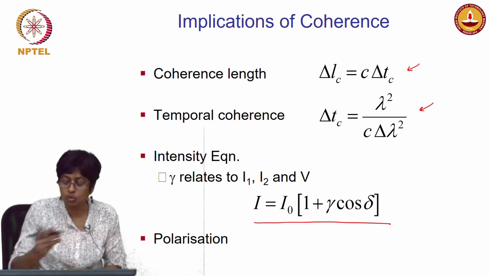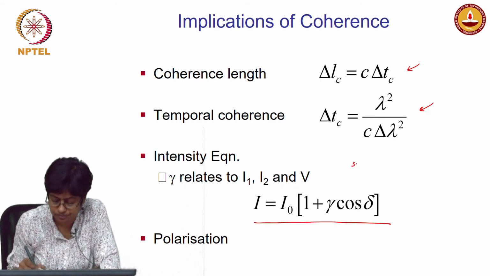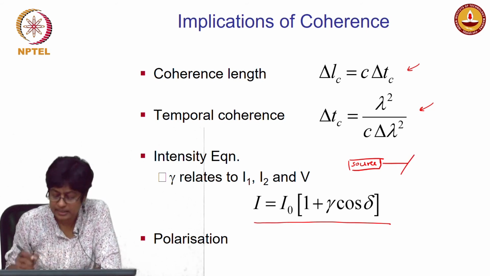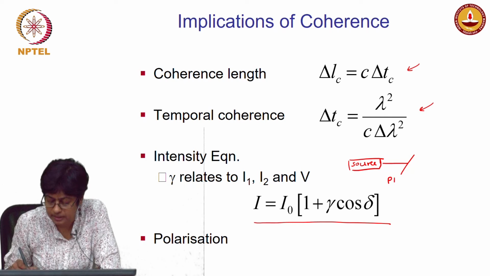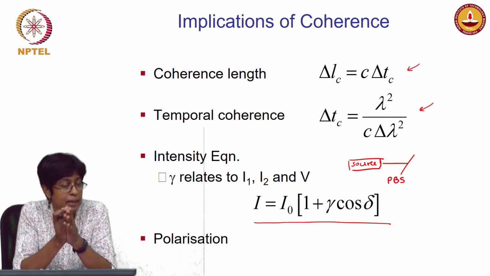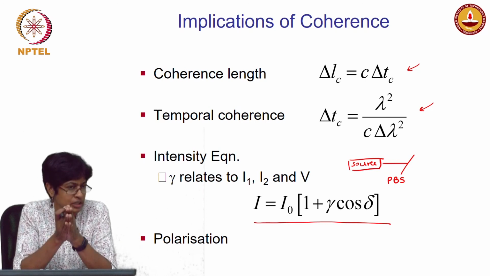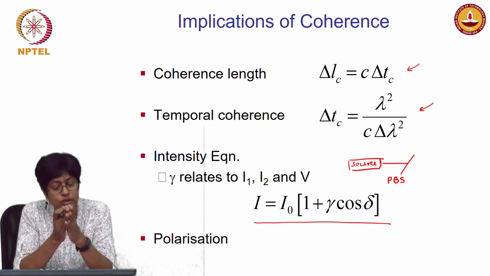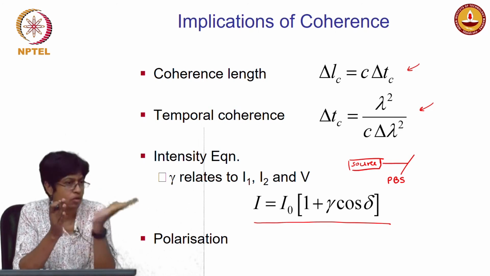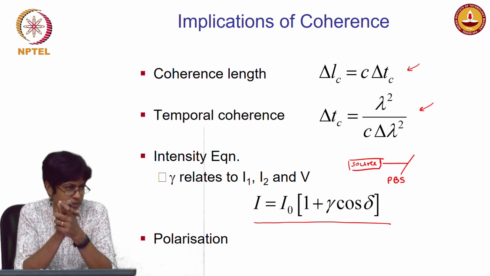So, if I took one source, okay, and I split it, and let's say I split it with a polarizing beam splitter. So, it's not just a beam splitter that splits amplitude, but it takes the polarization of that beam and splits it, so I can always write polarization as a sum of, say, horizontal polarization and vertical polarization.